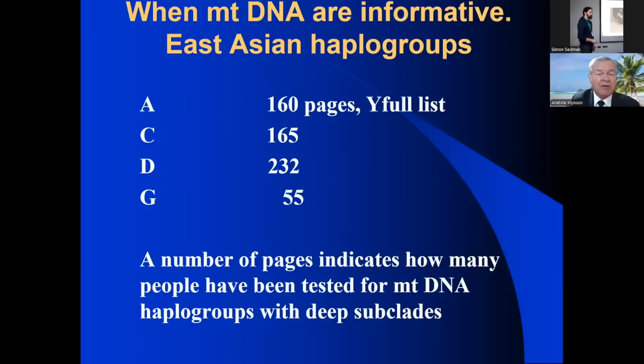It takes 160 pages on the Y full list. C, 165 pages. There's a lot of numbers on each page. Now D, 32 pages. G, 55 pages. So the number of pages indicates how many people have been tested for mitochondrial DNA with deep subclade.